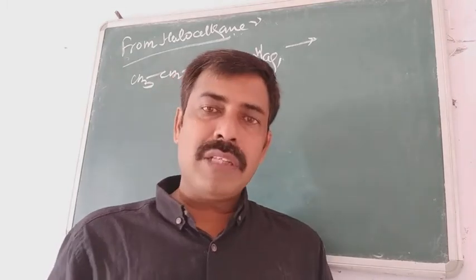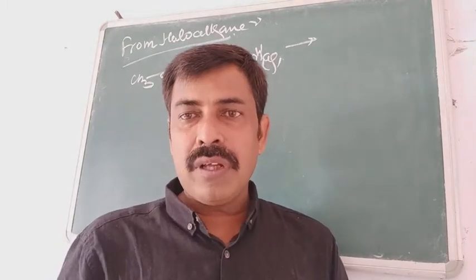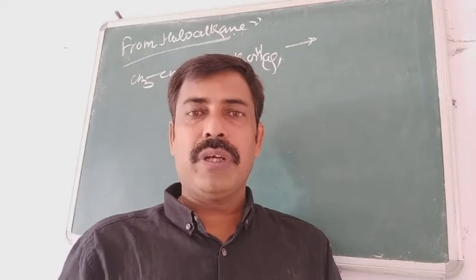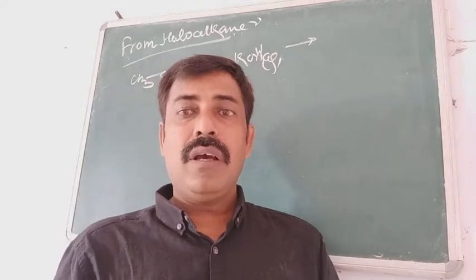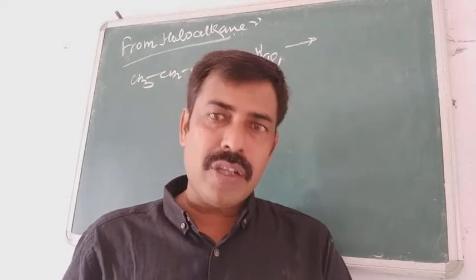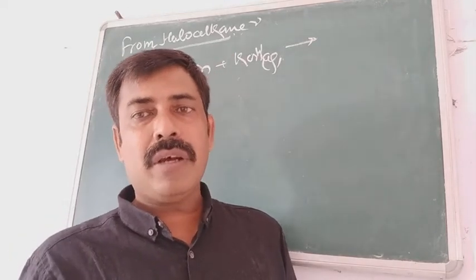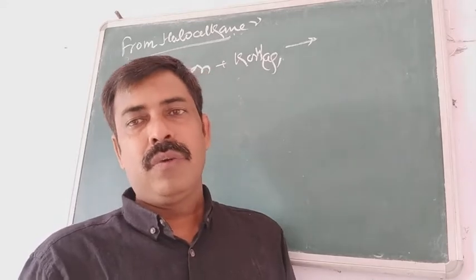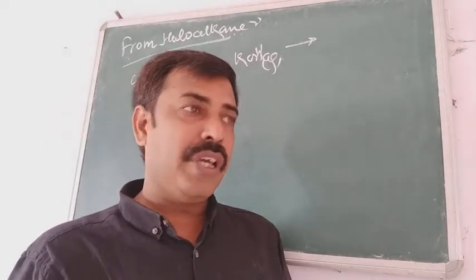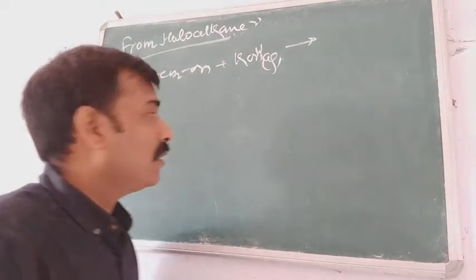And when elimination dominates, the product will not be alcohol. It will be an alkene. So to avoid the preparation of alkene, and to get the dominant yield of alcohol, we use aqueous KOH.